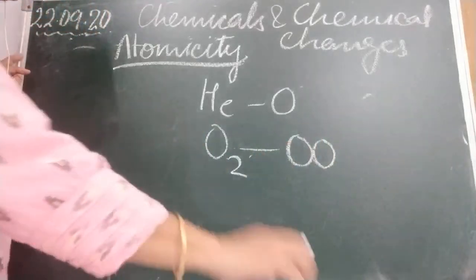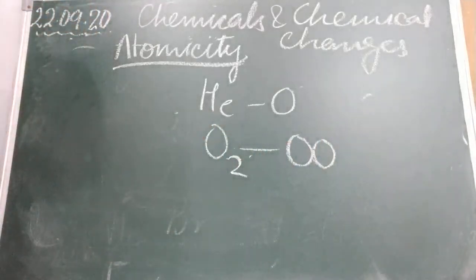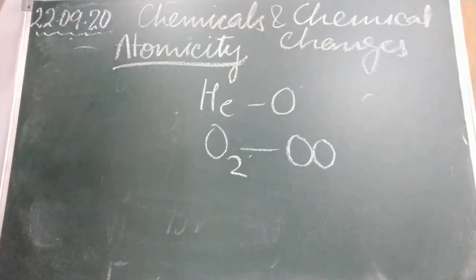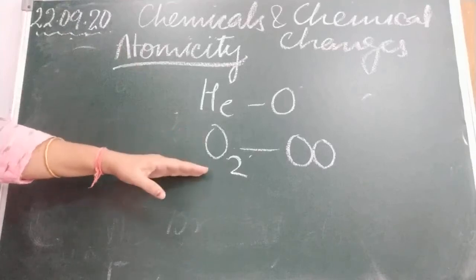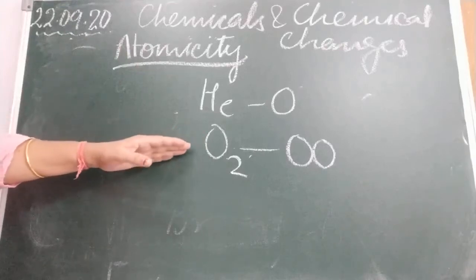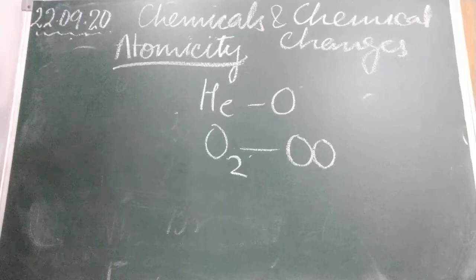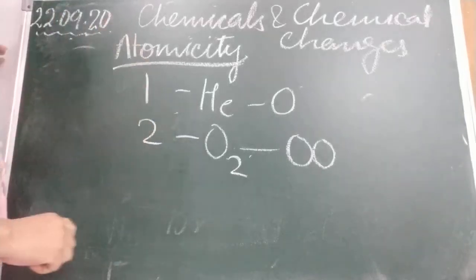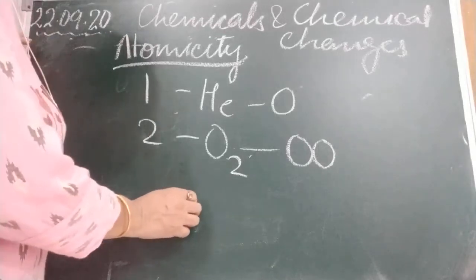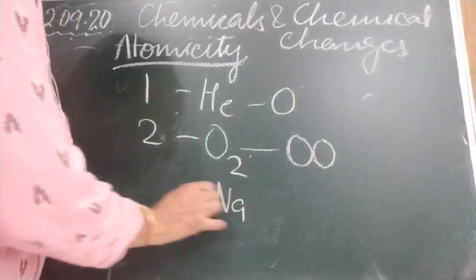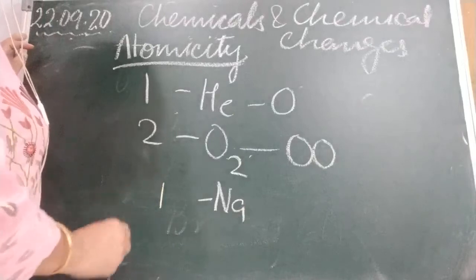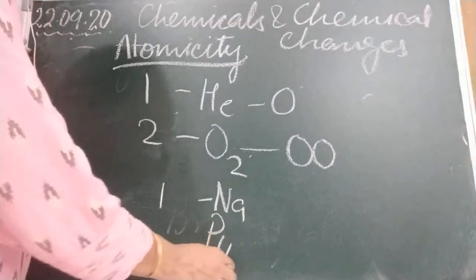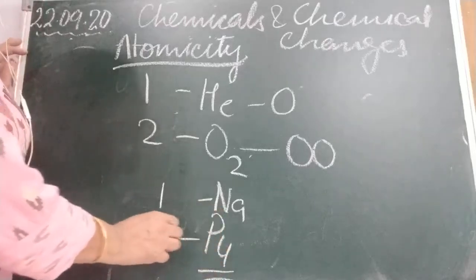Is this clear? The number of atoms present in one molecule of an element is known as its atomicity. Like oxygen, we say atomicity is 2, helium 1, and sodium 1. It can exist alone. Now tetraatomic, like P4, 4 atoms are there in one molecule.